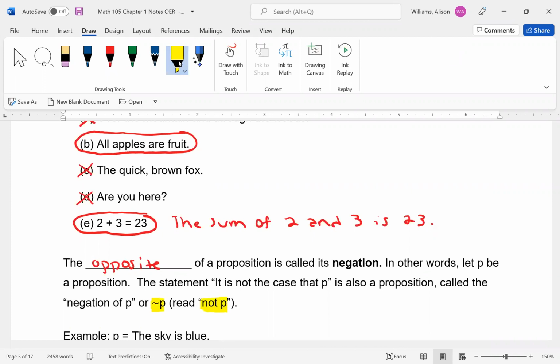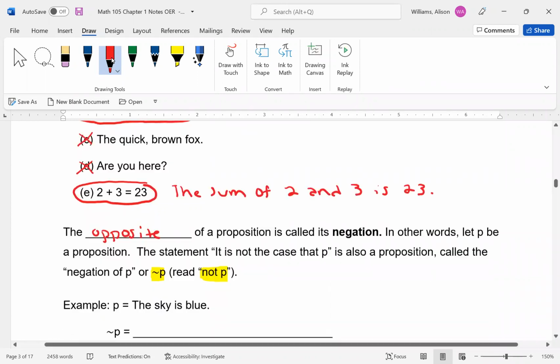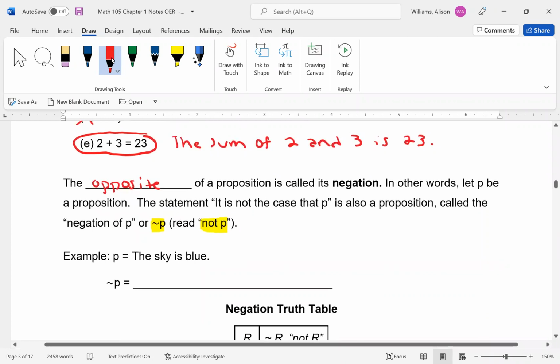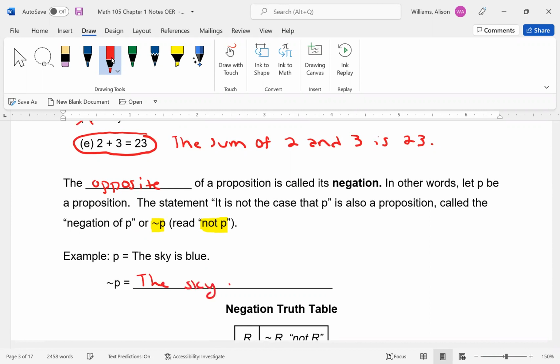That squiggly is called a tilde. So we put that little tilde in front of P to mean not that, the opposite of that proposition. Okay, let's look at an example. If the proposition is "the sky is blue," the opposite would be that the sky is not blue, or you could say the sky is something other than blue.